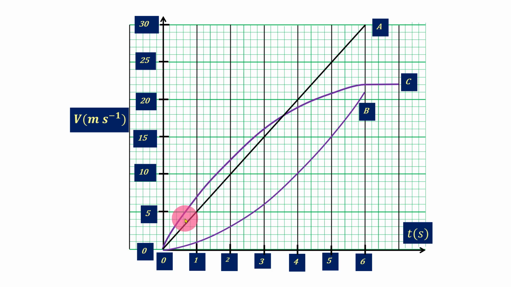So how would you describe the motion of body C? You will say body C starts from rest and moves with an increasing velocity which is increasing at a decreasing rate and then maintains uniform velocity. So here it is important you say it starts from rest and then the velocity increases at a decreasing rate, and here you say it moves with uniform velocity.